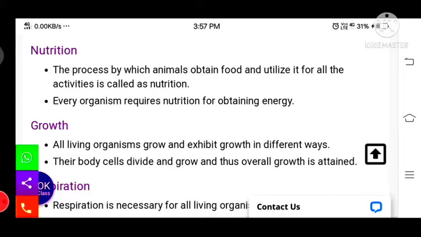In humans, and also in plants, we obtain food and convert it into glucose, which is C6H12O6. This is the formula of glucose. We break food down into the simpler form, which is glucose, and we obtain energy from it and then use that energy. Every organism requires nutrition for obtaining energy.